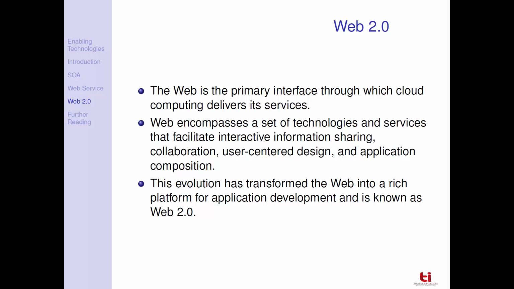For example, on Wikipedia, users are not just reading the data, they can edit the data. So they have become content providers. This evolution has basically transformed the web into a rich platform for application development and is known as Web 2.0.